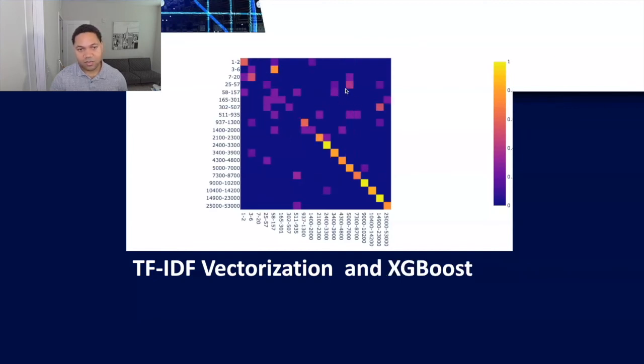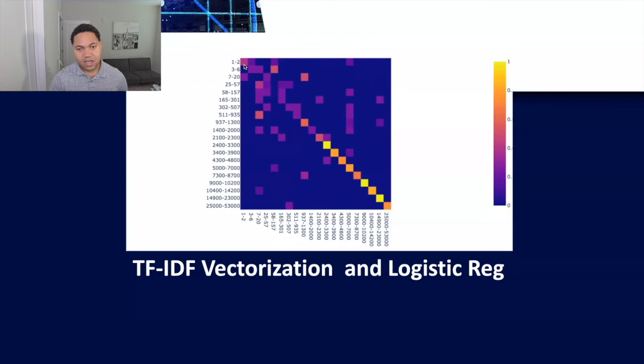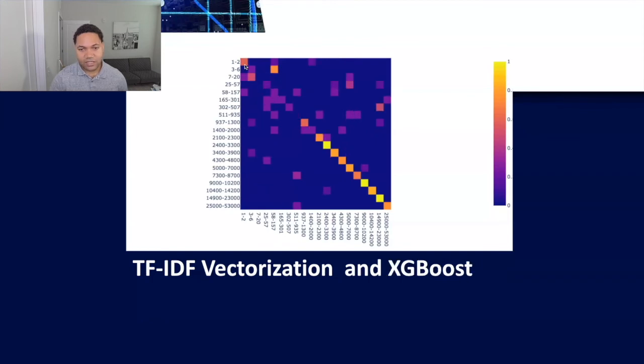For example, it's able to predict this 1 and 2 very, very well, which in the past it wasn't able to, but now it is. It's a little bit more spread out, but it's not as bad as maybe we could expect, and we'll see that in the comparison of the scores that we received.